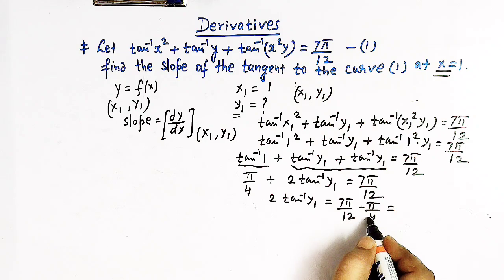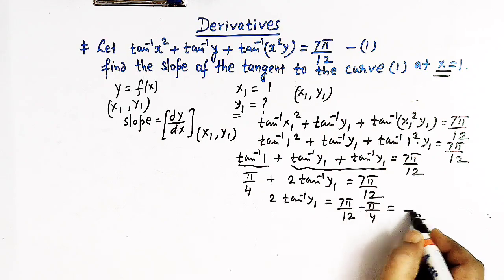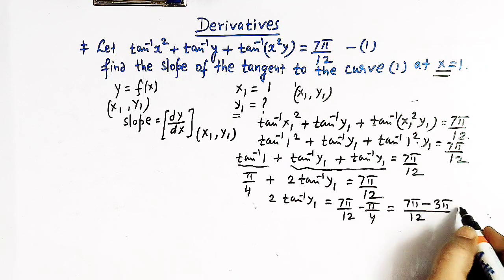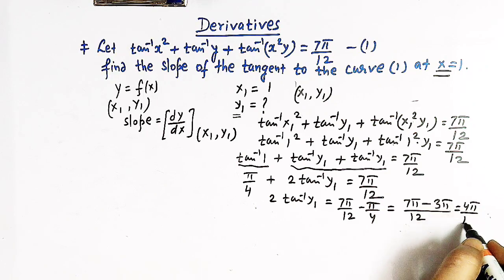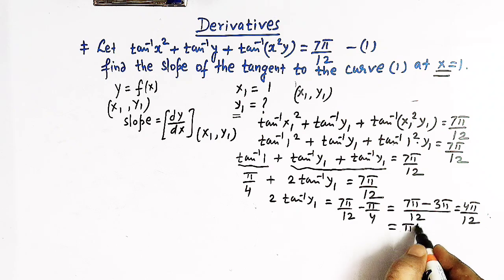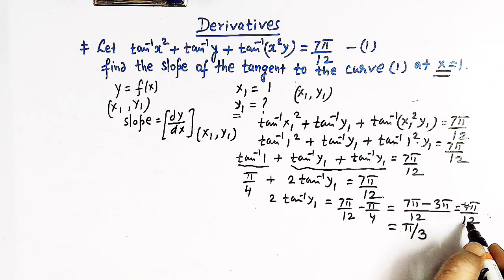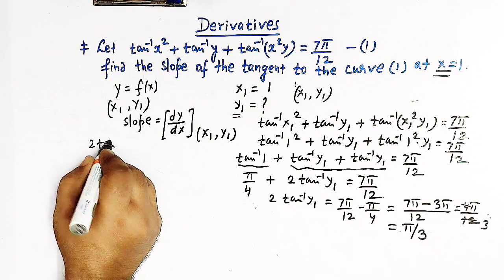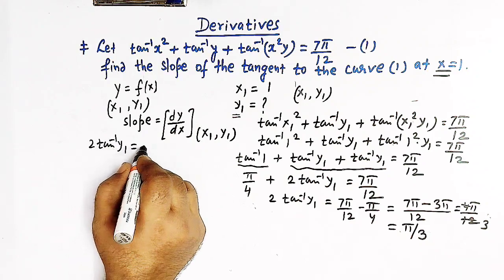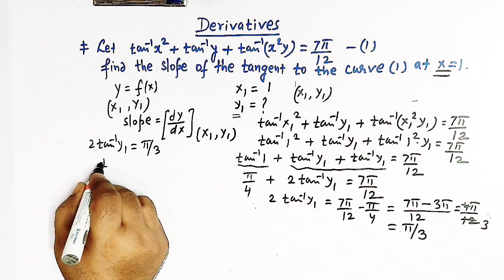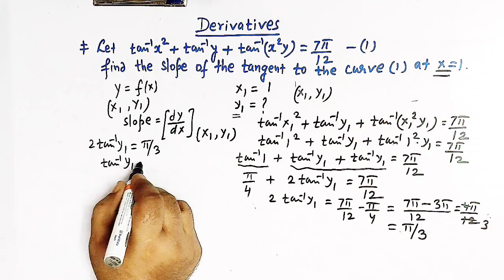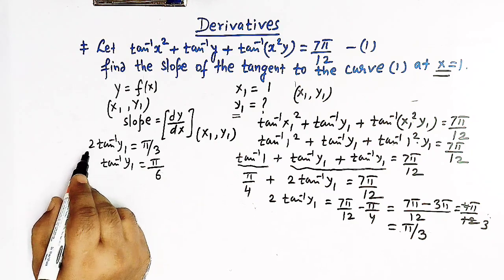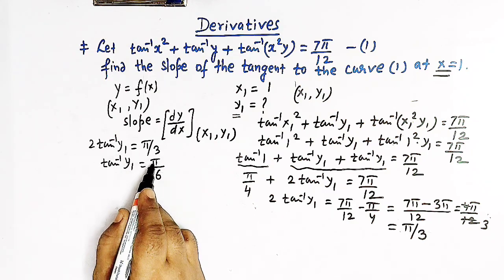Simplifying this, we have 12 as the LCM. Here we have 7 pi and here 3 pi, so this is 4 pi by 12, which is equal to pi by 3, since 4 times 3 is 12. So we have 2 times tan inverse y1 equal to pi by 3. Taking the 2 to the denominator, tan inverse y1 is equal to pi by 6.